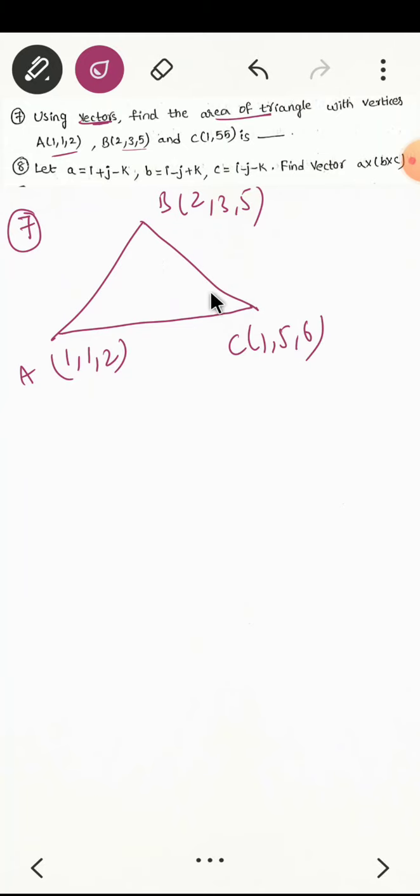How will you convert these vertices into vectors? Suppose these are the a vector, b vector and c vector. To convert the vertices into vectors, you can do AC and AB, or BC and BA, or CA and CB, as you wish. I am doing AC.